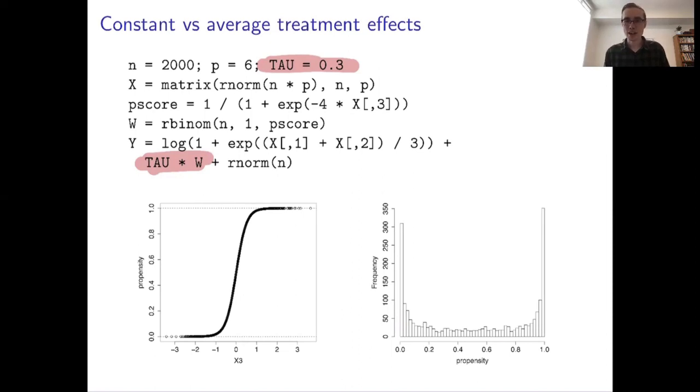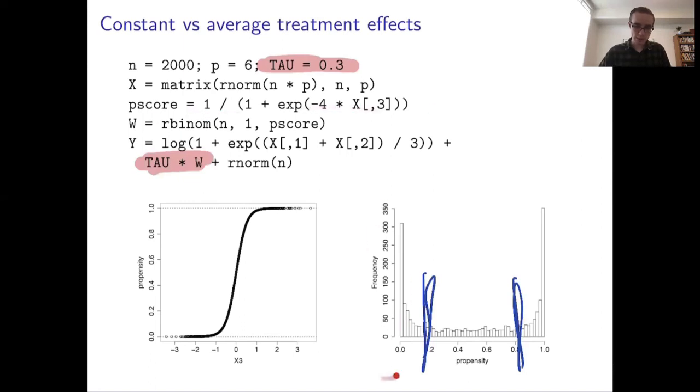And why is this problem harder when you don't know that the treatment effect is constant and you have to estimate treatment effects everywhere and aggregate them? You can see this by cutting the problem into 3 zones based on the propensity score. Here, the propensity score depends on X3.